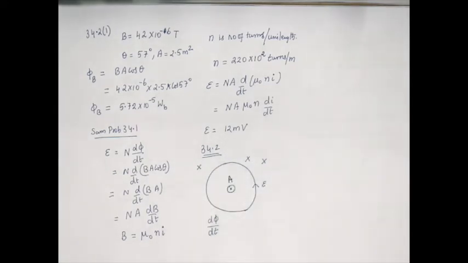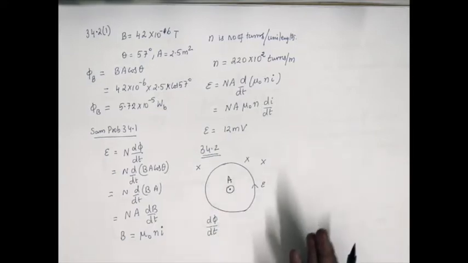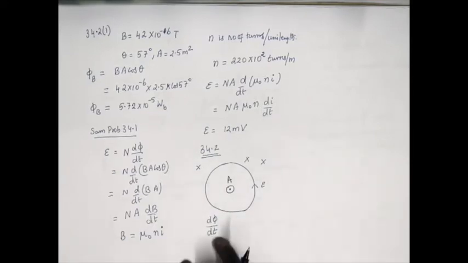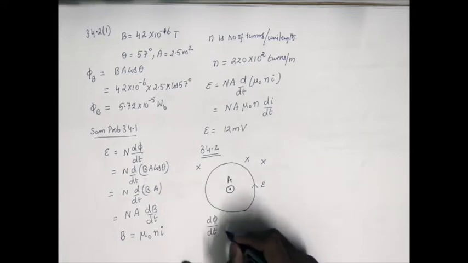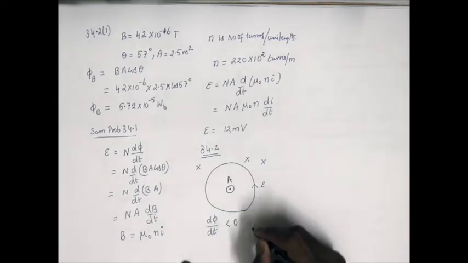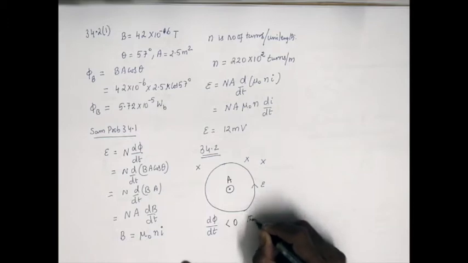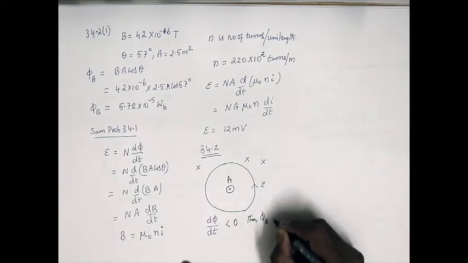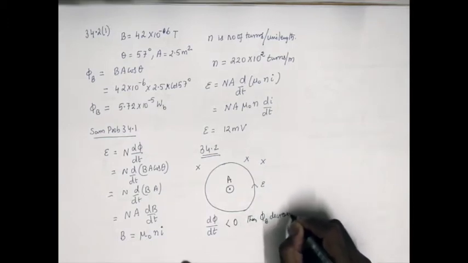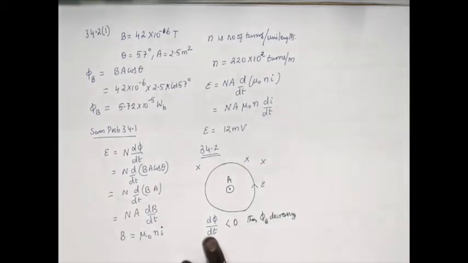Now you are going to calculate the rate of change of flux. There are two possibilities here. If the rate of change of flux is less than 0, then the flux is a decreasing function. You know from calculus that if d phi by dt is less than 0, then the function is decreasing.